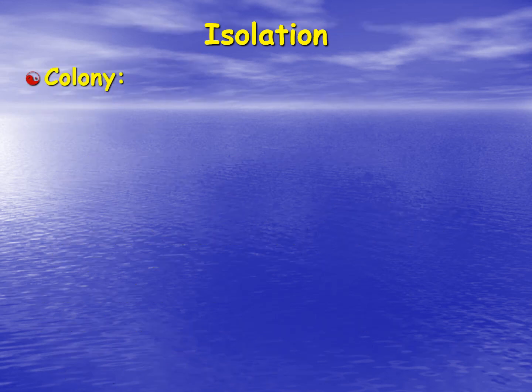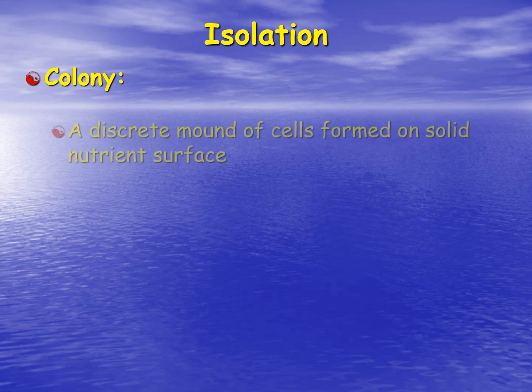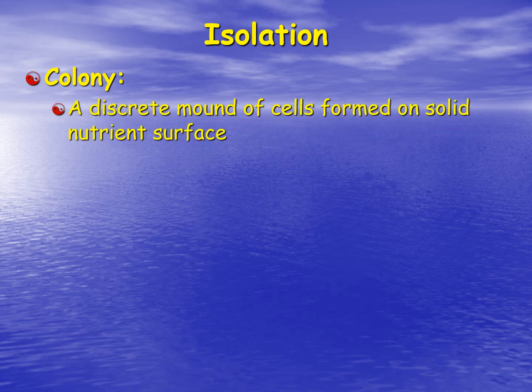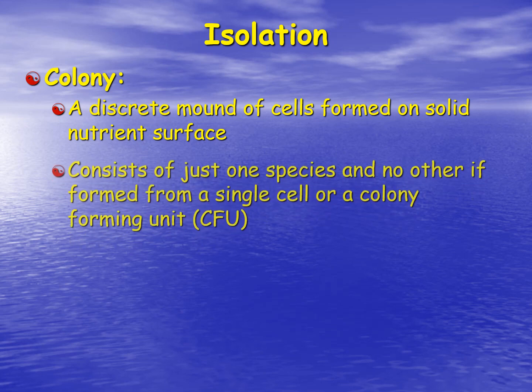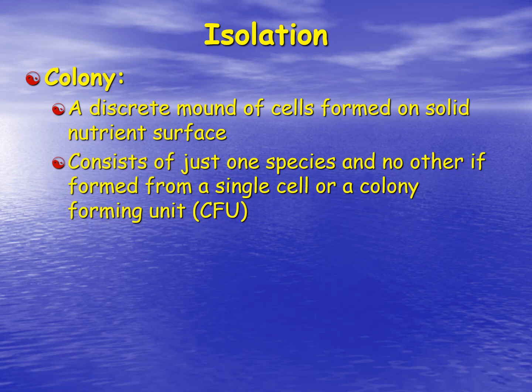Now, isolation, one of our big I's. A colony is a discrete mound of cells formed on a solid nutrient surface, usually a petri dish. Each colony was formed by a single organism, or a colony forming unit. Sometimes a single colony will be a single cell that began to reproduce and grow, or sometimes it will be a group of cells that are all identical to each other that form this colony.